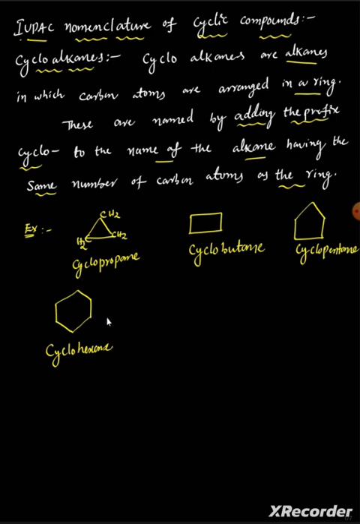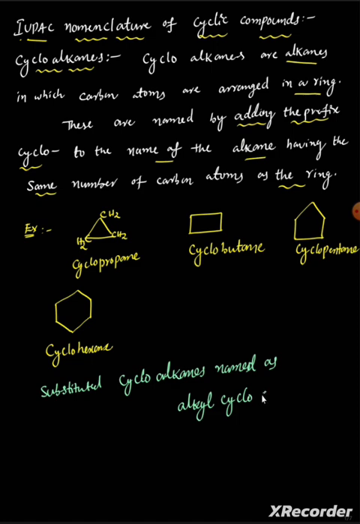Next, substituted cycloalkanes are named as alkyl cycloalkanes.